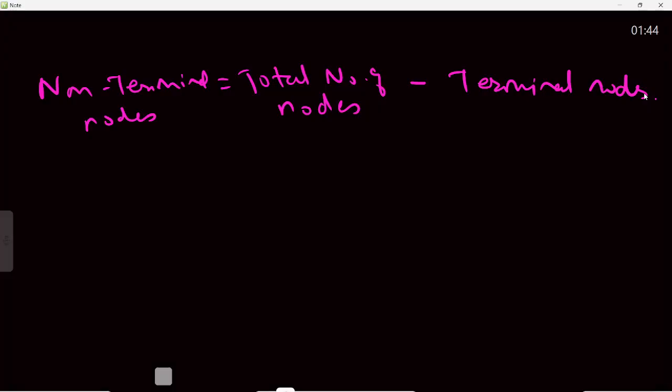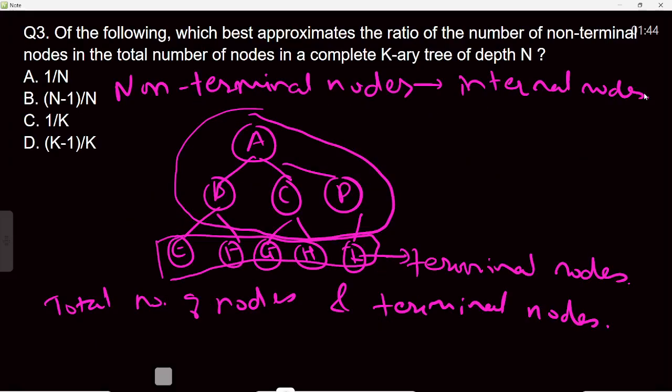Now, we do not have to find the exact value of non-terminal nodes. We have to find the ratio. I will show you the question: which best approximates the ratio of number of non-terminal nodes.